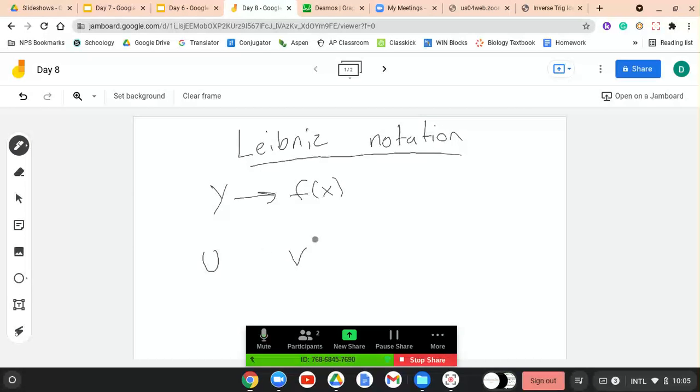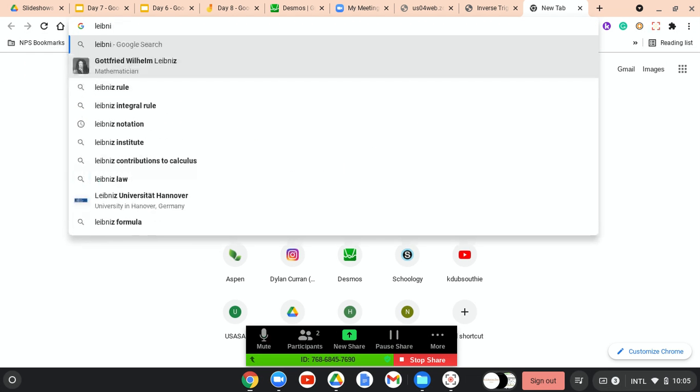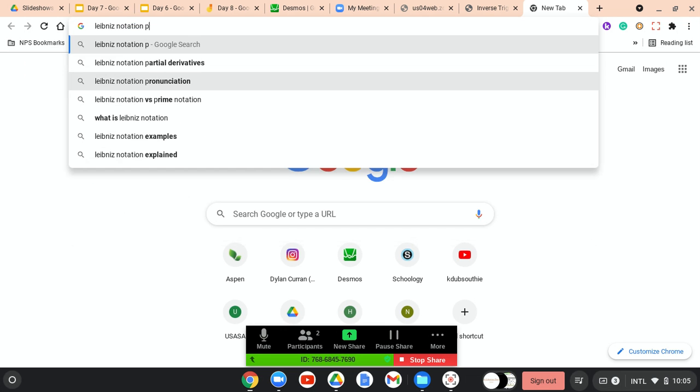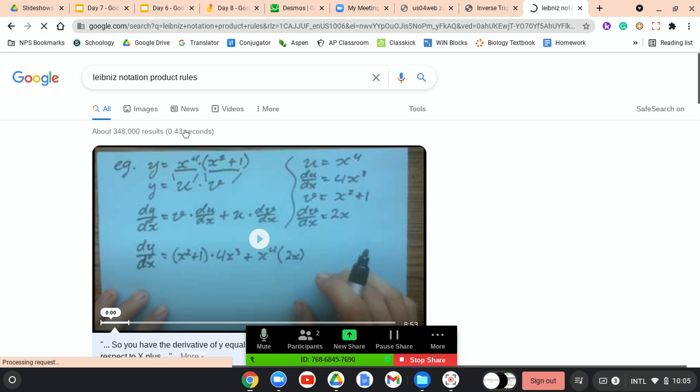There's a Leibniz notation for the product rule. Here, I'll just Google it and show you what I mean. The problem with using v's and u's, I find, is that it's often really hard to distinguish between the two of them. Yeah, I can imagine that.